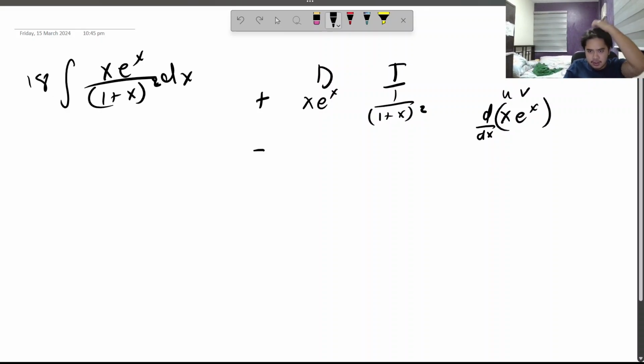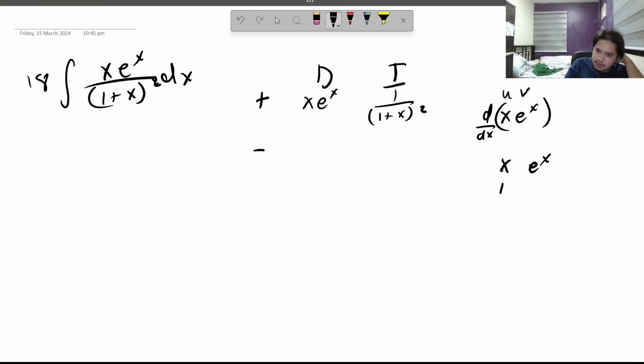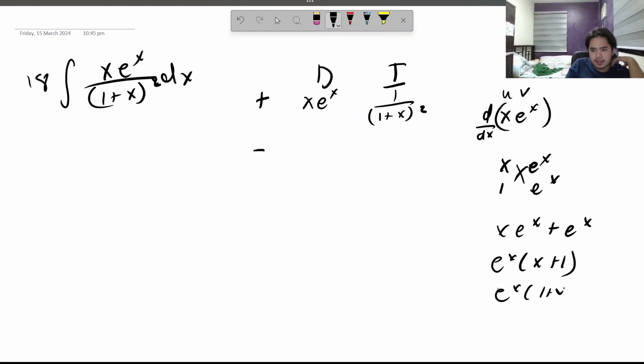So x e to the x, and then derivative of x is 1, derivative of e to the x is e to the x, then crisscross, and then we get x e to the x plus e to the x. We can factorize e to the x here in order to get e to the x times x plus 1, or we could put 1 plus x, commutative property of multiplication. So 1 plus x times e to the x, again commutative property.